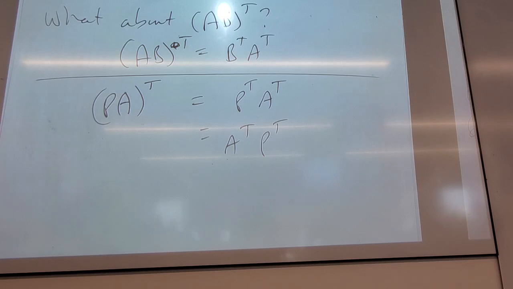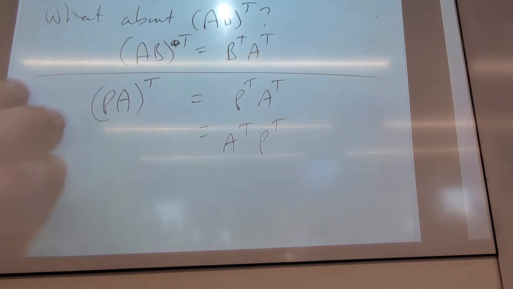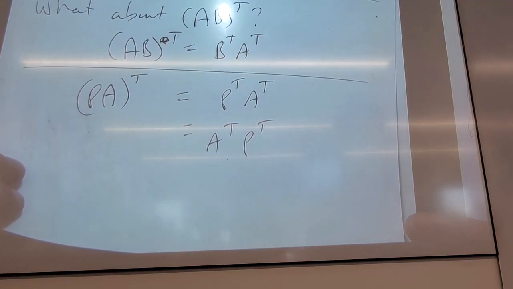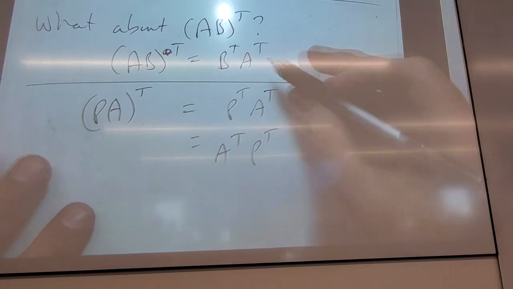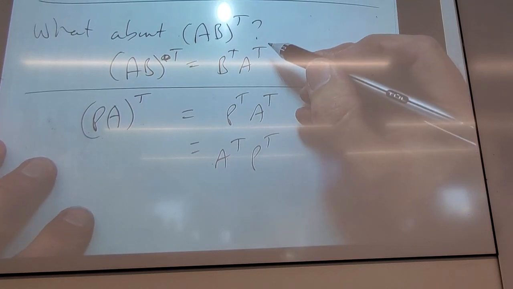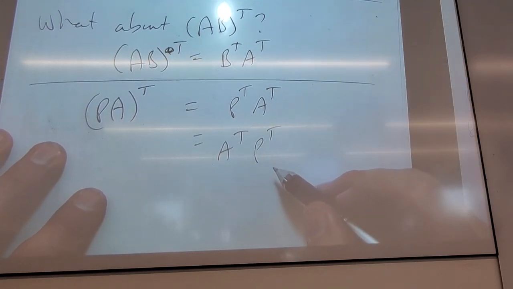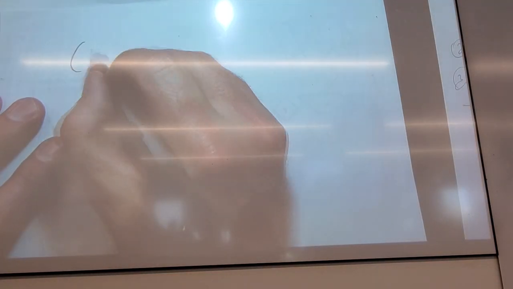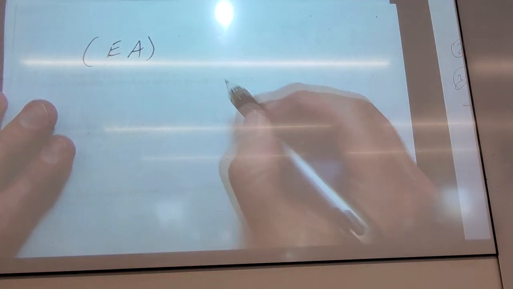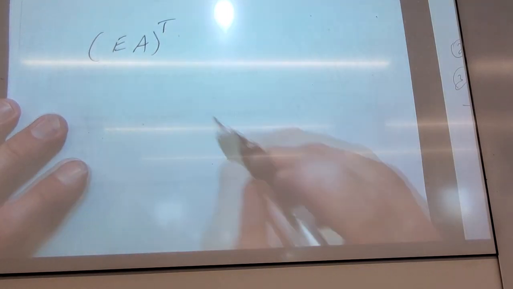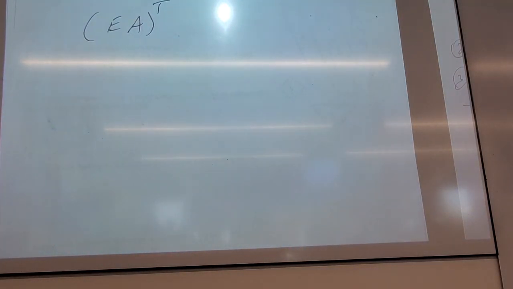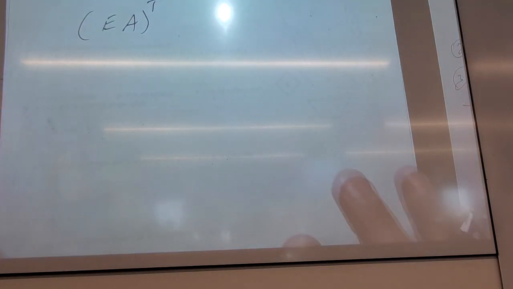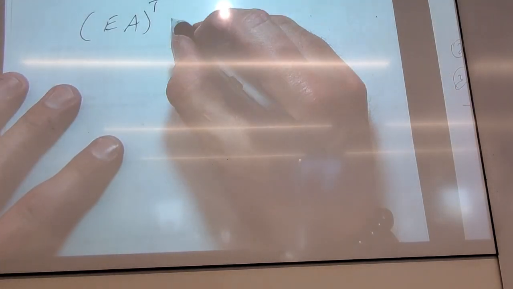Oh, of course. If I expand on this, let me see. If I think about an elementary matrix applied to a matrix, and I want to transpose those, a very similar thing, for the same reason, would happen.